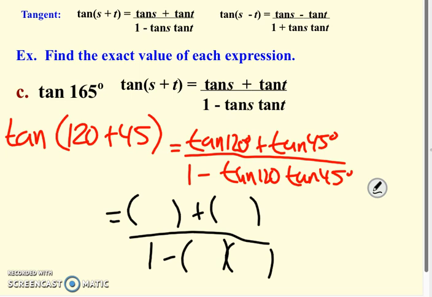Okay, so again, just get it expanded out, go to the unit circle, start filling in values.